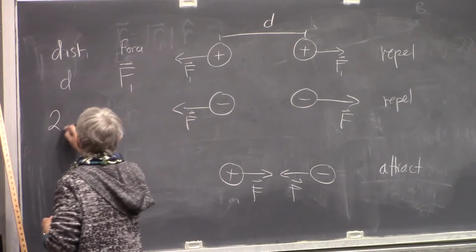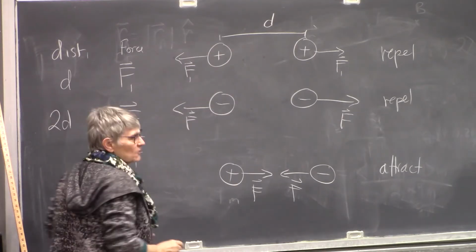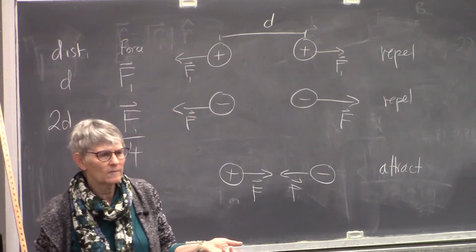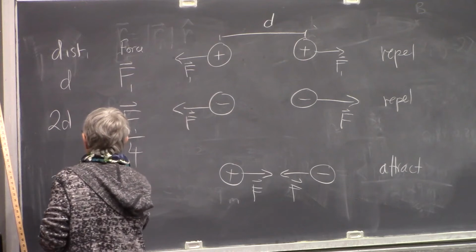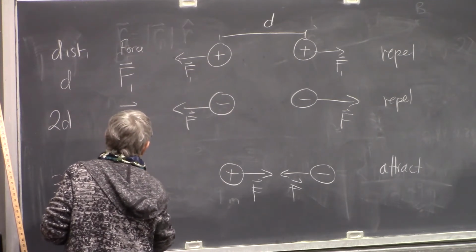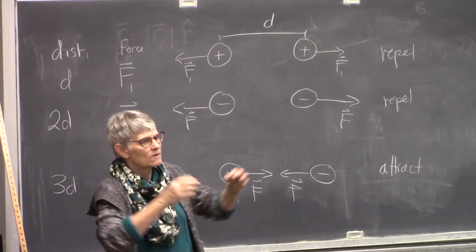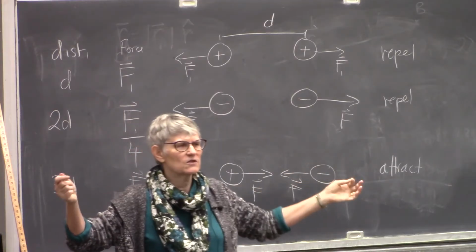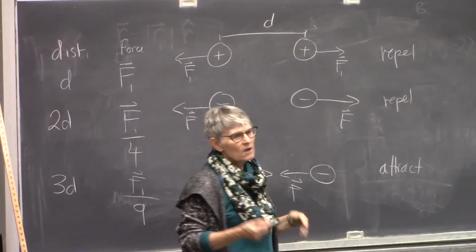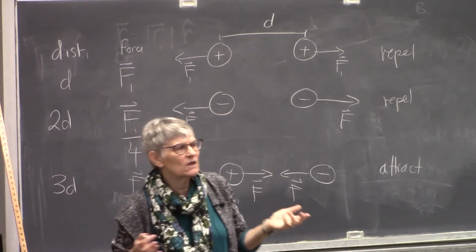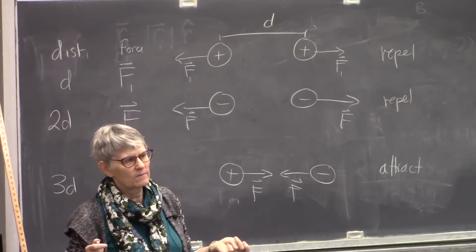At a distance 2d, this force is actually F1 over 4. And at 3d, it's going to be F1 over 9. So the magnitude of the force seems to decrease. The direction stays the same. The direction is always along a line connecting the two particles. But as the distance increases, the magnitude of the force decreases like 1 over the separation squared. Okay?